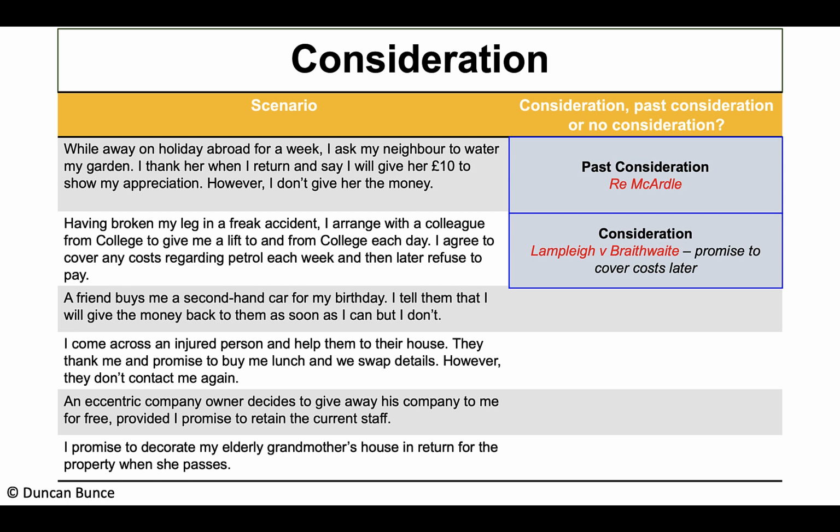In this case, this looks like the Lampleigh v Braithwaite precedent kicks in, because arranging with a colleague to give a lift, and there's an express promise there to cover any costs, and then of course I go back on my word. So yeah, Lampleigh v Braithwaite, the courts will accept that as good consideration, and I should pay up.